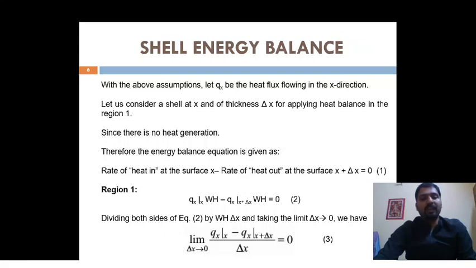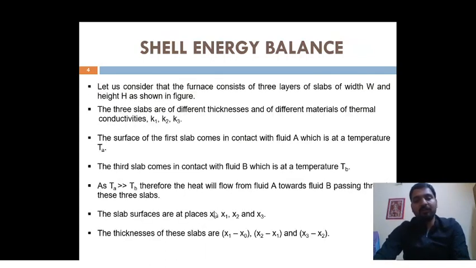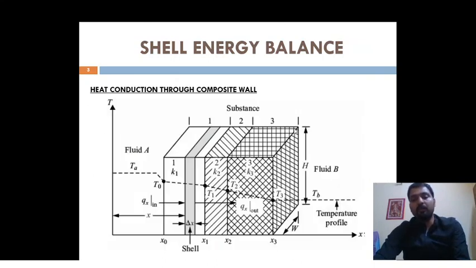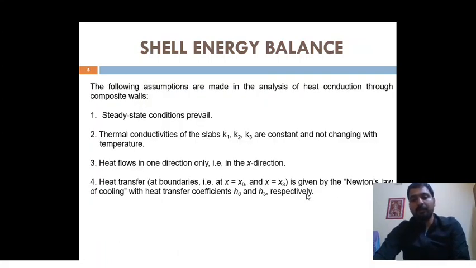So the total energy balance is only rate of heat in and rate of heat out, denoted by the molecular transport. In region 1, that is in substance 1, we have to consider that the flux is flowing in the x direction, so we have to convert the flux into flow by multiplying by the cross-sectional area. The cross-sectional area is denoted by W into H, because it is the area perpendicular to the direction of the flux.